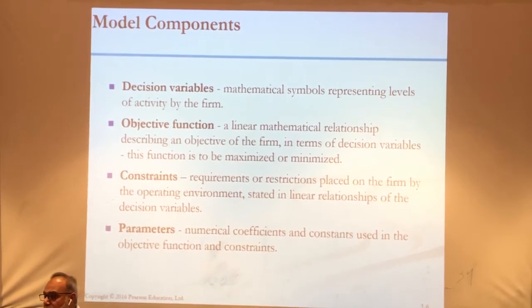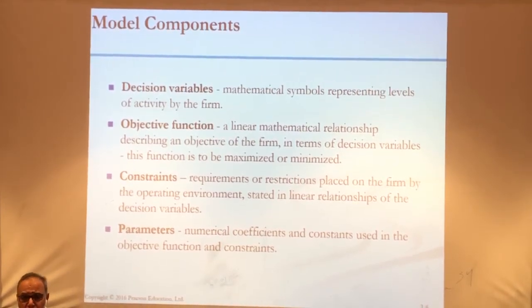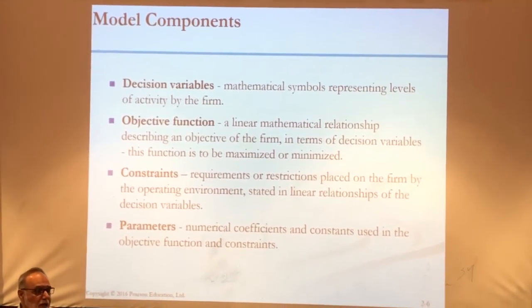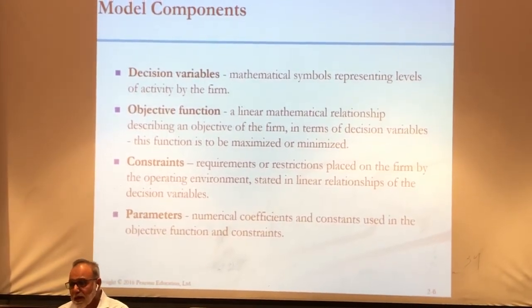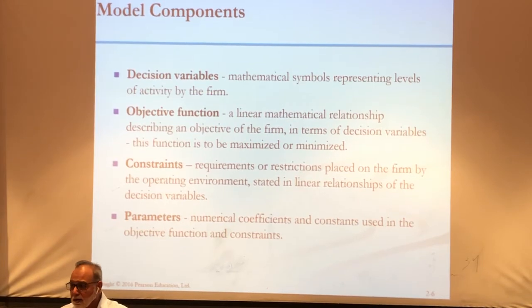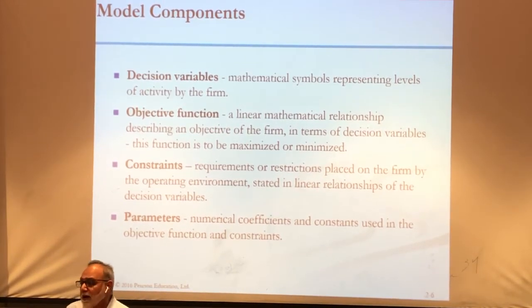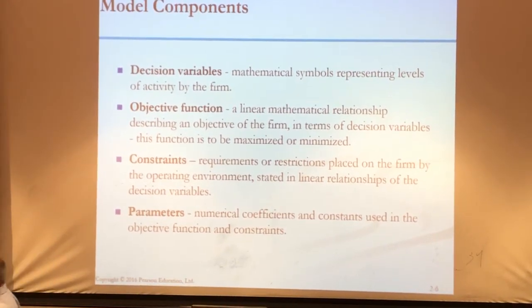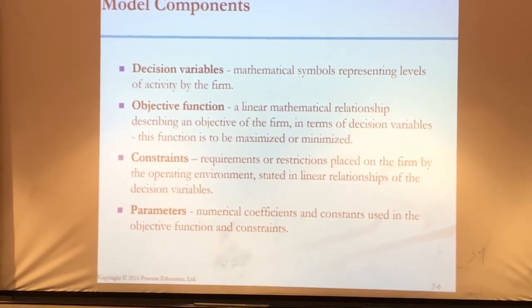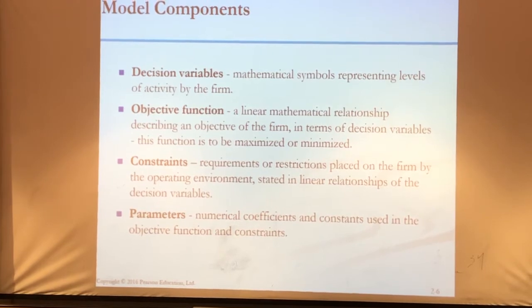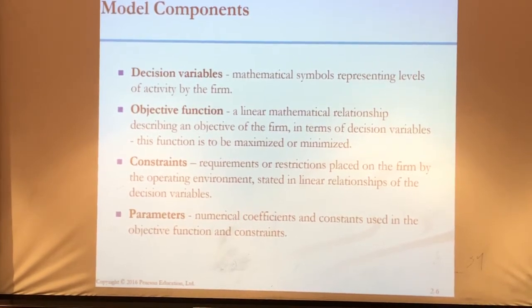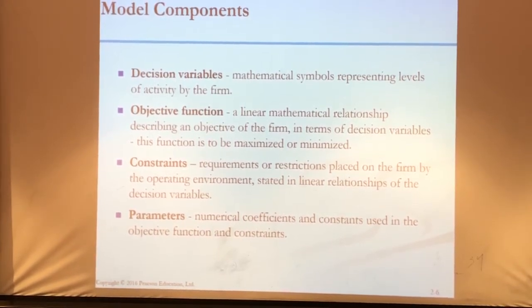Now the profit the table may be bringing is 7 reals and the chair may be bringing 5 reals per unit. So this 7 or 5 are constants in the objective function, and they are called parameters.